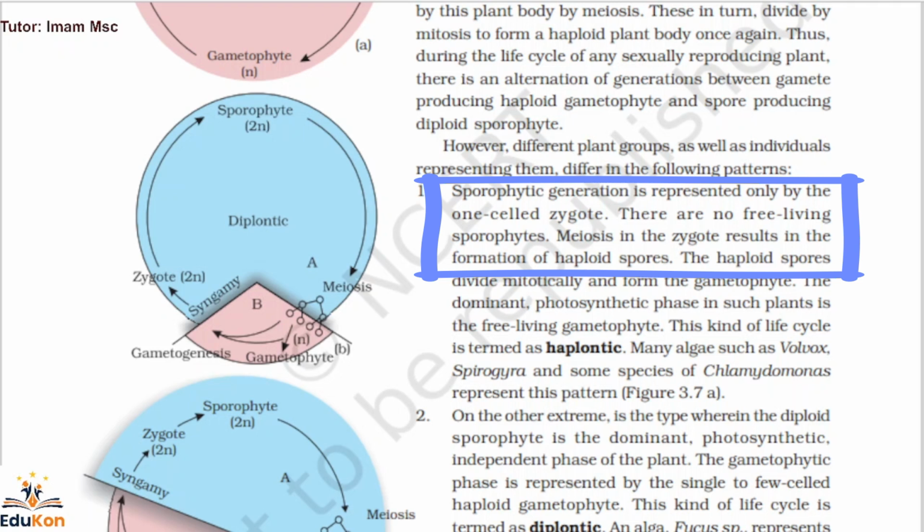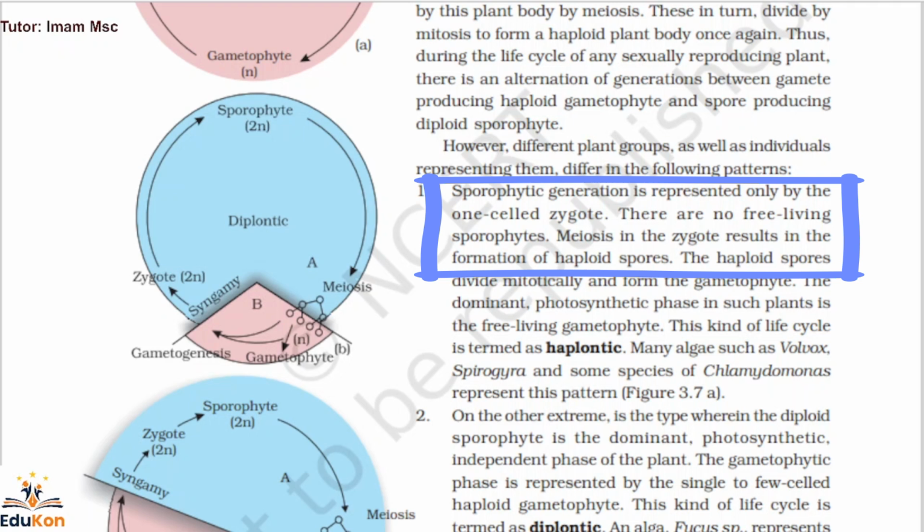So the entire life cycle is haploid, and the dominant phase of haploid is more than the diploid phase. Hence, the life cycle is called the haplontic life cycle.